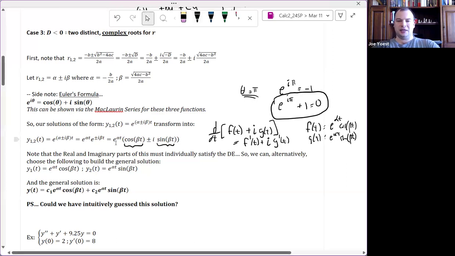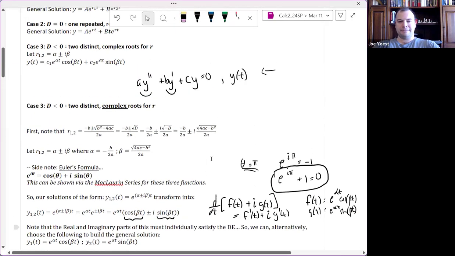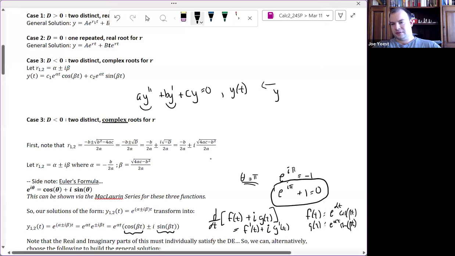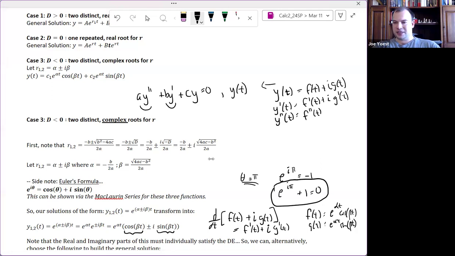Then y looks like f plus i g. y prime looks like f prime plus i g prime, and y double prime is f double prime plus i g double prime.